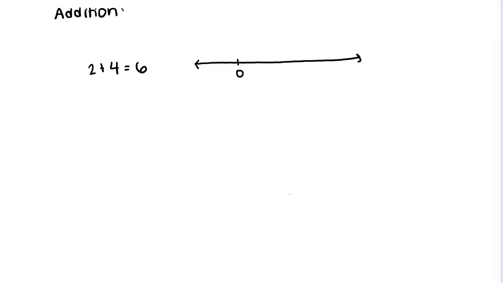So here, if we have, let's say, 2 plus 4, well, you know that this comes out to 6. And we can see this on a number line. Here's the number 0. Here I'm going to start at the number 2. I'm going to go 2 units to the right on this number line.